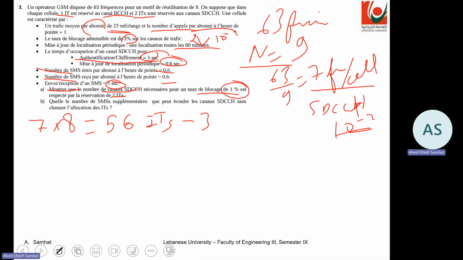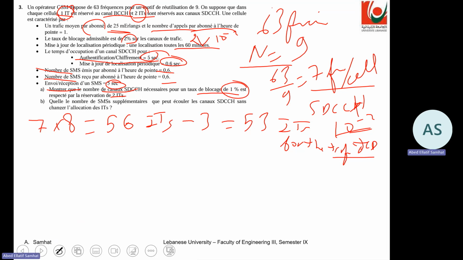And we remove 3, which are 1 for the BCCH and 2 for the SDCCH. So we have 53 time slots that could be used for the traffic, the TCH channels.